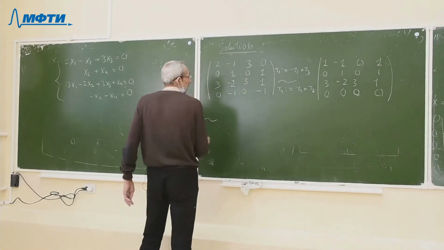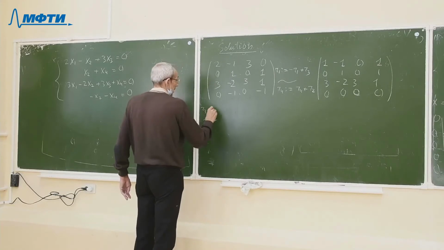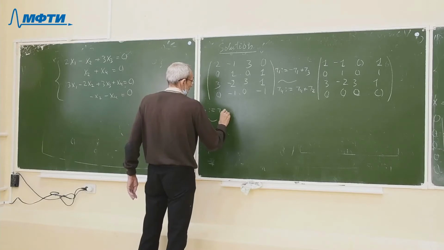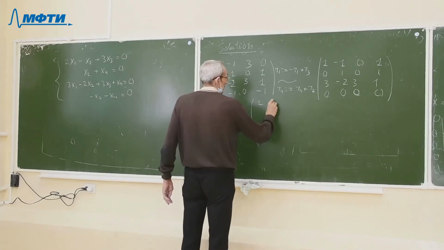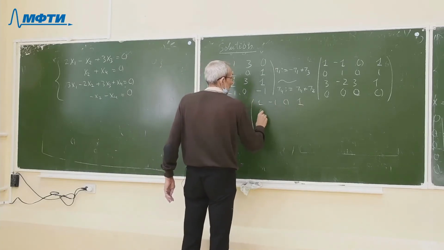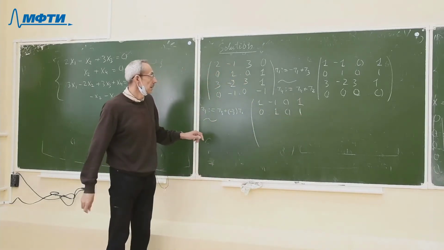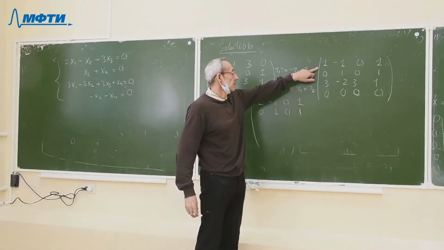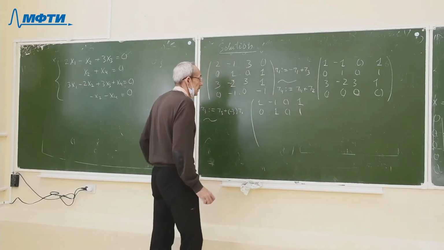Next step, R3 is equal to R3 plus minus 3R1. We write the first and second rows, and add to the third row the first, multiplied by minus 3.